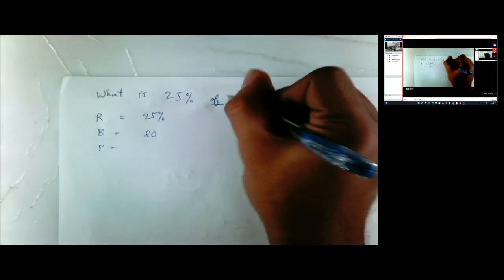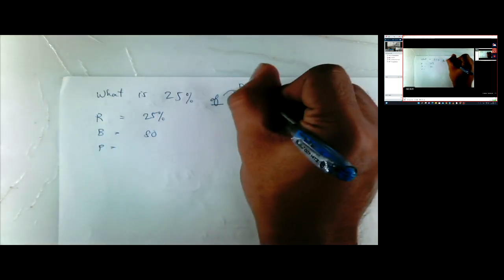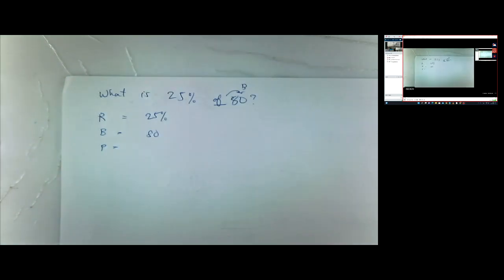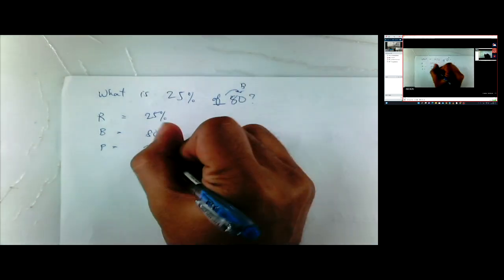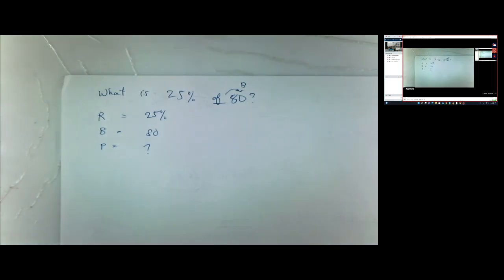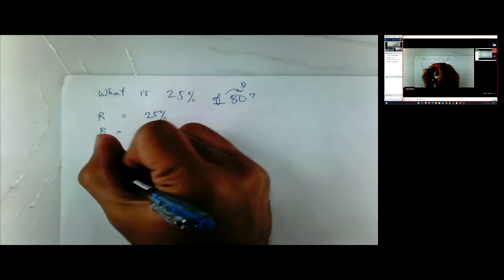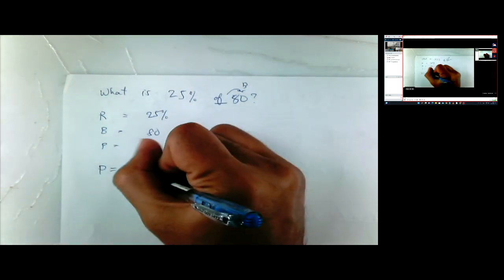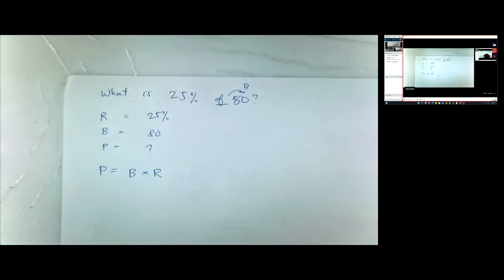Because remember, after the word of, that number is the base. And so, we don't have the percentage value. To find the percentage, the formula is P is equal to B times R, or R times B. That is the formula that I gave you.